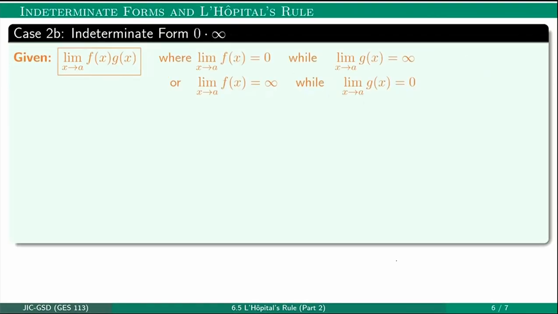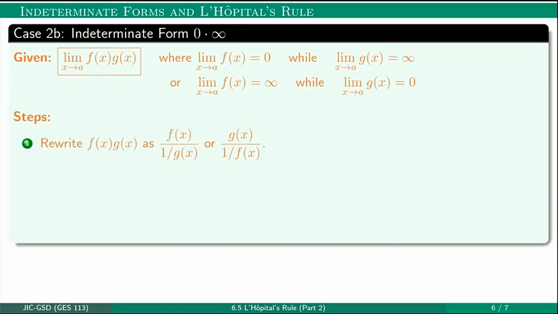Now, for the second case, suppose we have the limit of f of x multiplied by g of x, and suppose that after initial substitution you get 0 multiplied by infinity. How are you going to evaluate such a limit?